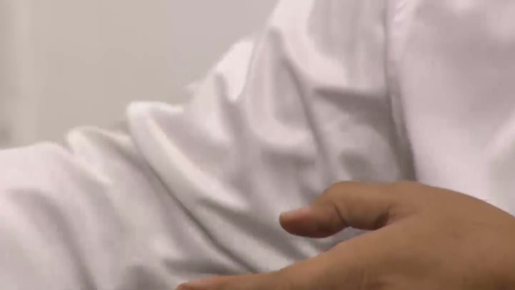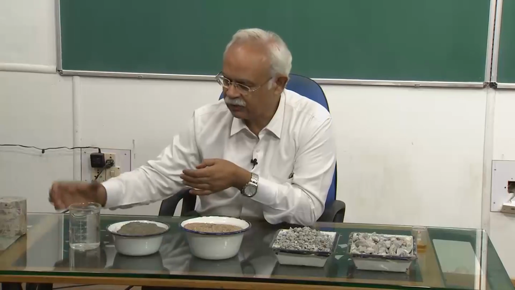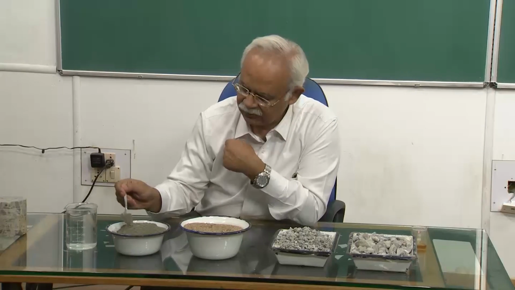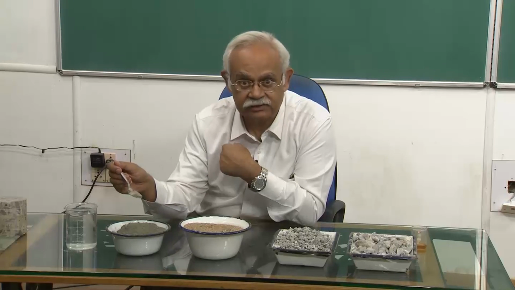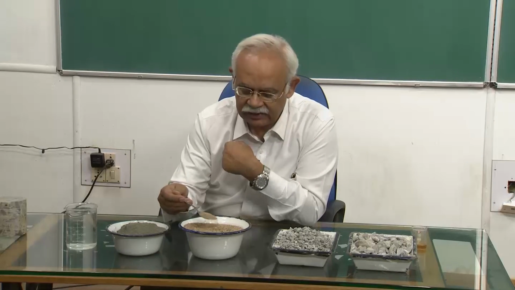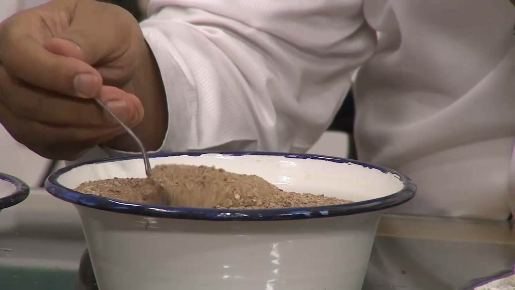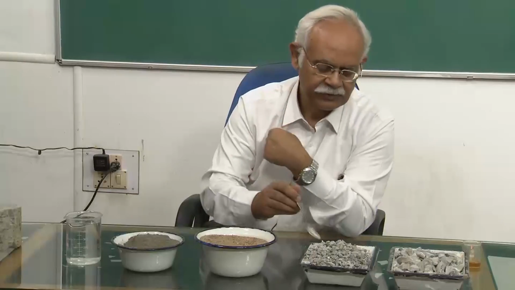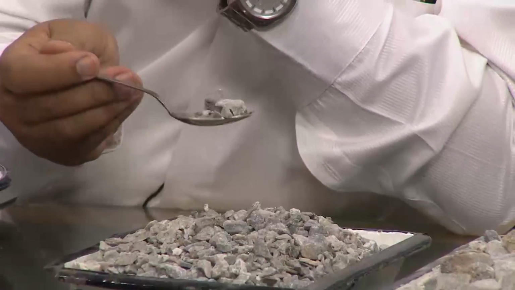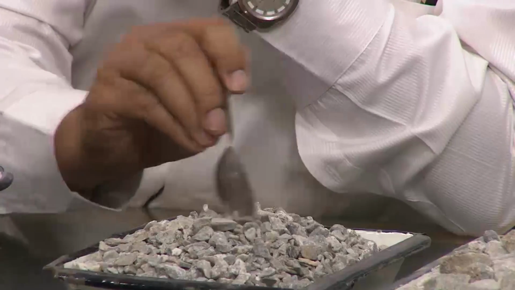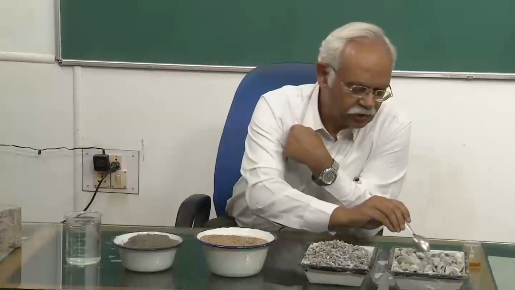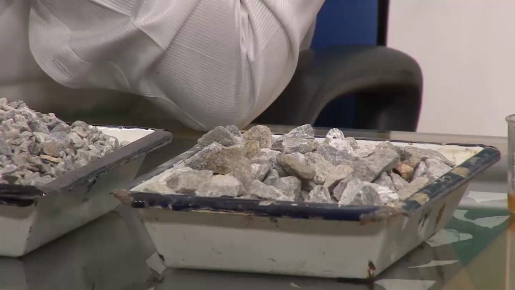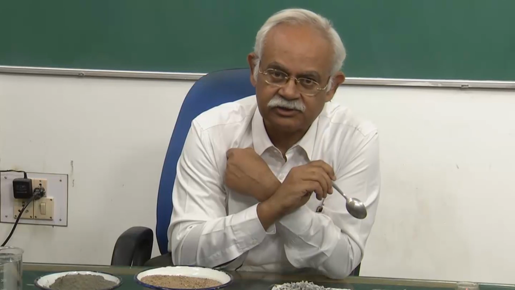So now how is this made? This is made using the basic ingredients: water, cement, which is a very fine powder like this, sand or fine aggregate, which is coarser than cement, and then what we call coarse aggregates, which could be smaller or larger coarse aggregates. In this case, I am showing you coarse aggregates drawn from crushed stone.